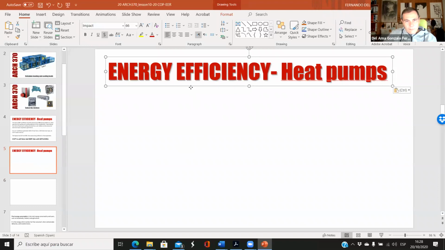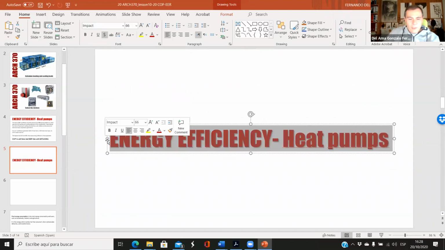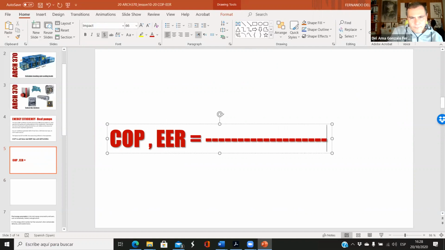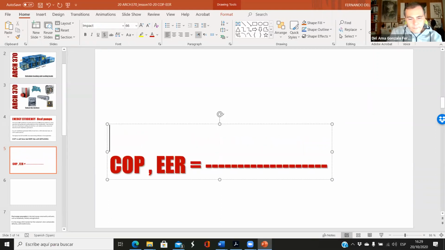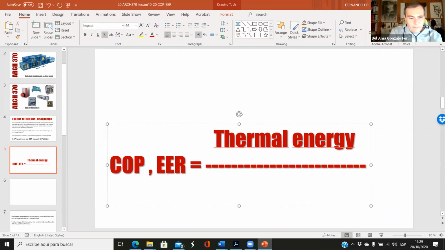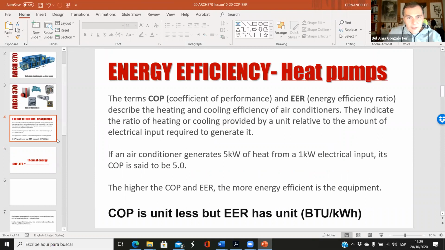So both concepts, COP and EER, are the thermal energy divided by what they call here the electrical input.